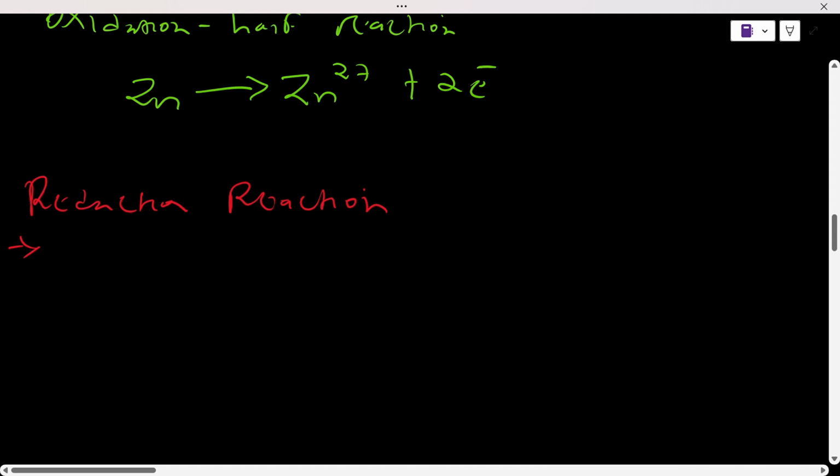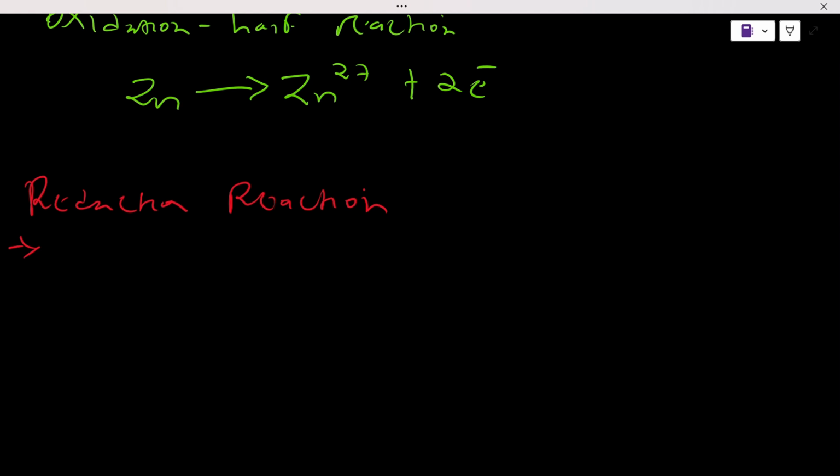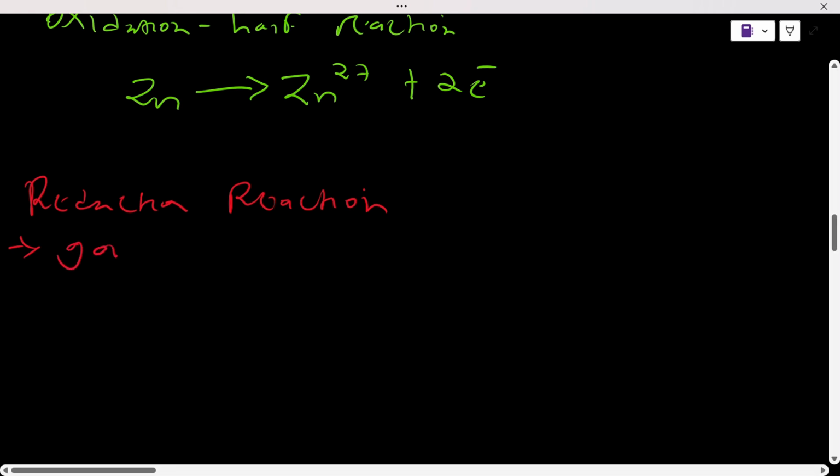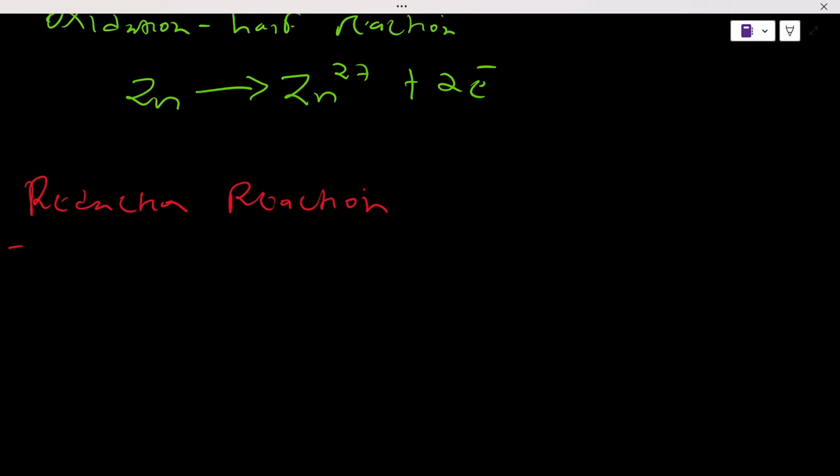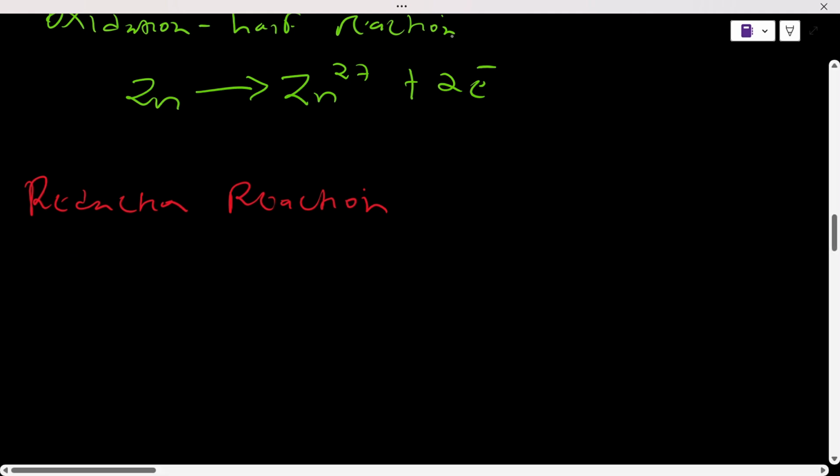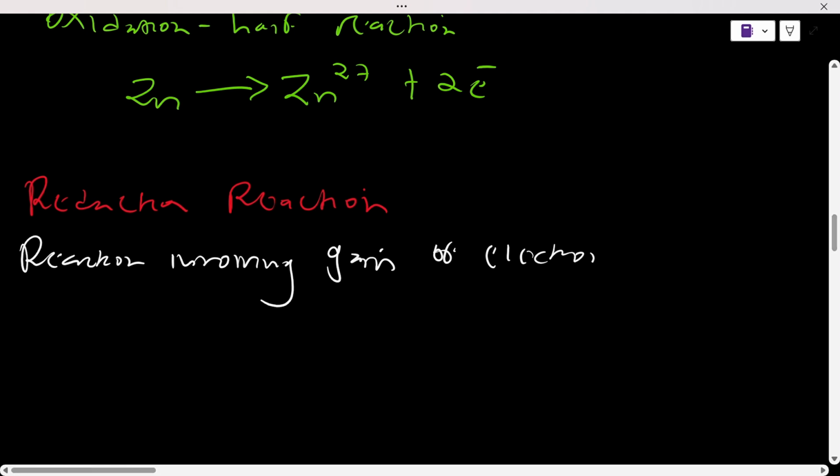Reduction is defined as a reaction involving gain of electrons.